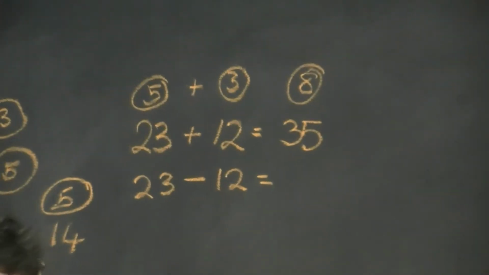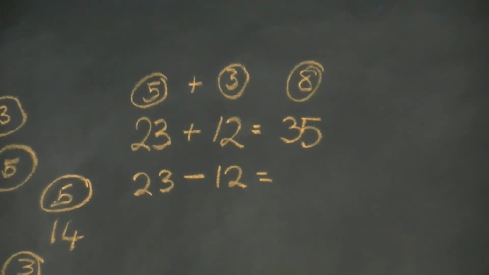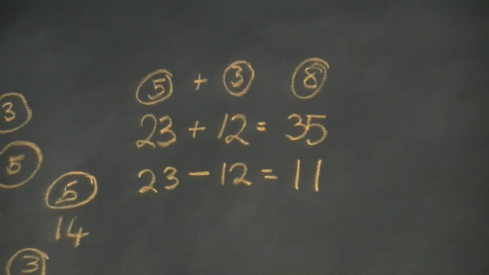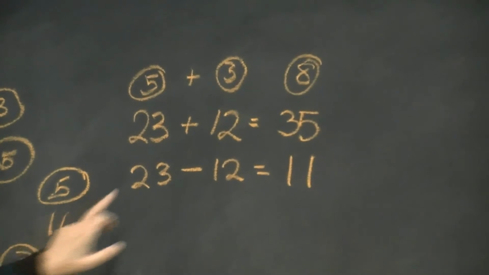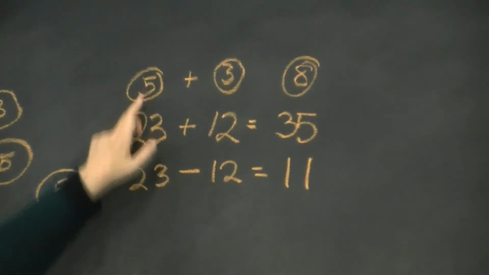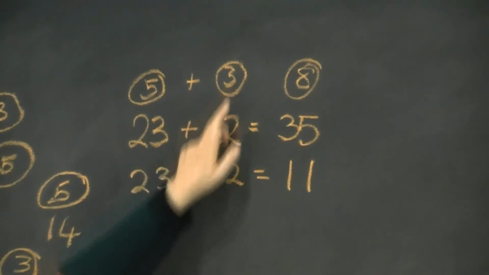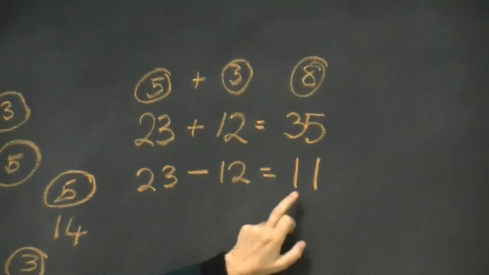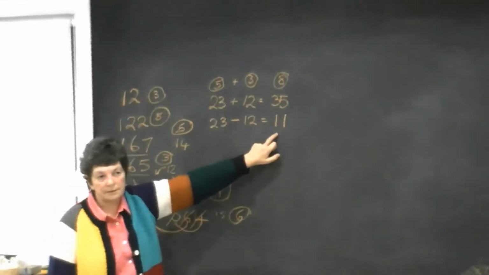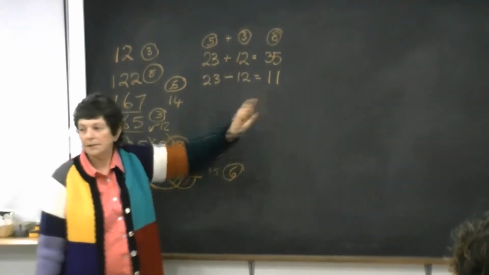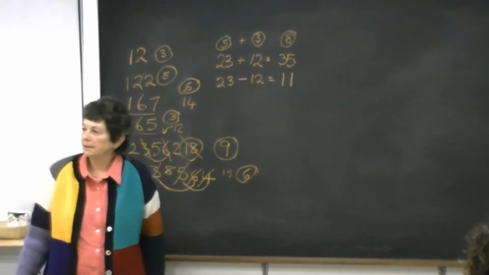That would be 11. Now do your digit sum checks there. Digit sum 5 minus digit sum 3 equals 2. Does that check out? Yeah. 5 minus 3 is 2, isn't it? Mm-hmm. So you can use it for takeaway.